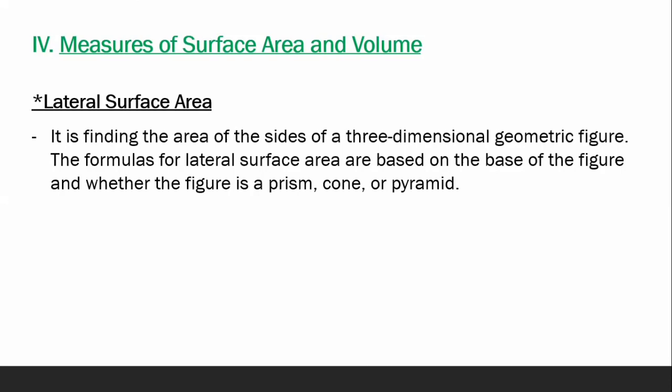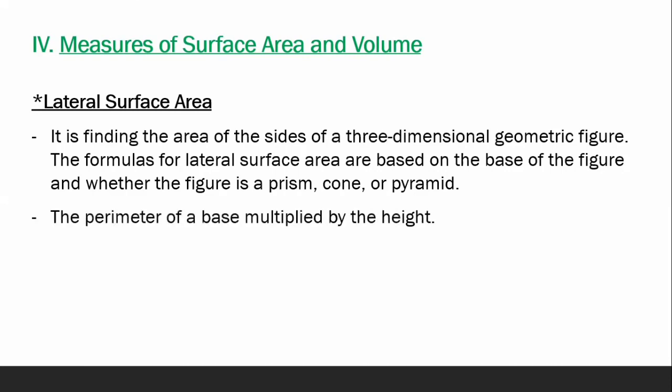It is finding the area of the sides of a three-dimensional geometric figure. The formulas for lateral surface are based on the base of the figure and whether the figure is a prism, cone, or a pyramid. The lateral surface area is equal to the perimeter of a base multiplied by the height.